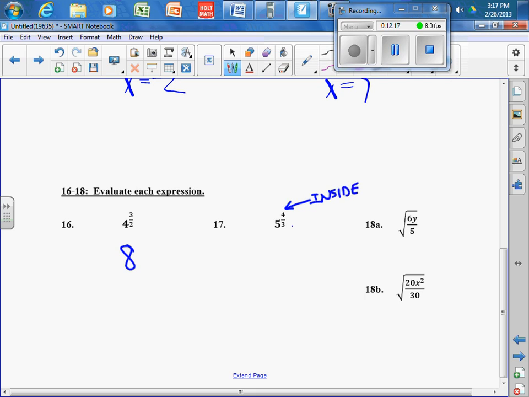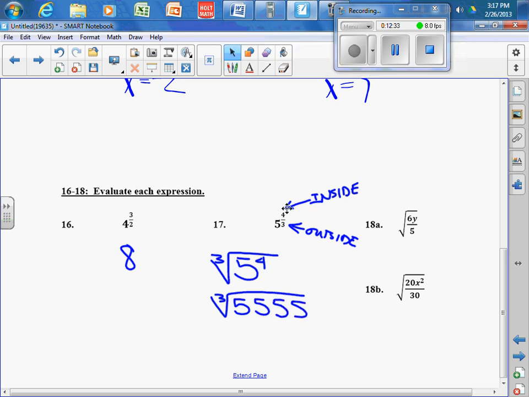It's the exponent. The 3 is the outside number. It's the root. So we're going to have the cube root of 5 to the 4th power. Well, the cube root of 5 to the 4th, I'm going to need 4 5s here. For every 3 identical factors underneath, I get to pull 1 out. And I have the cube root of 5 left over. So this is read 5 times the cube root of 5.